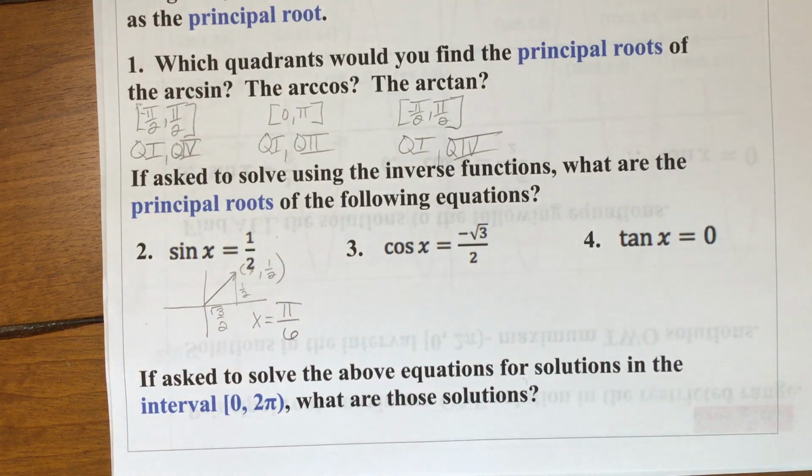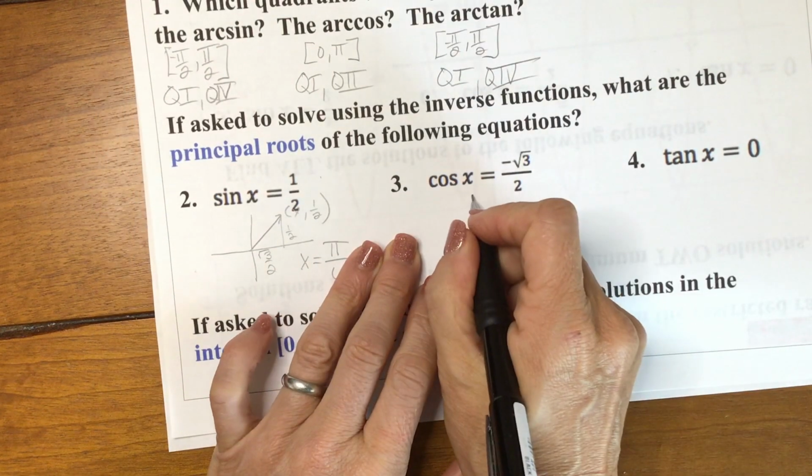Same again, if we're looking for cosine of x is negative root 3 over 2, and we know that cosine is in quadrant 1 or quadrant 2, cosine is only negative in quadrant 2.